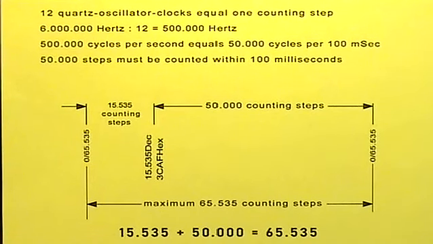What happens during the first run of the program after switching on the system? The interrupt is triggered by the timer T0 counter when FFFF hexadecimal overflows to the value 0000 hexadecimal.